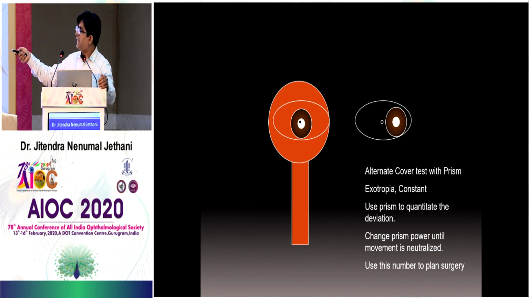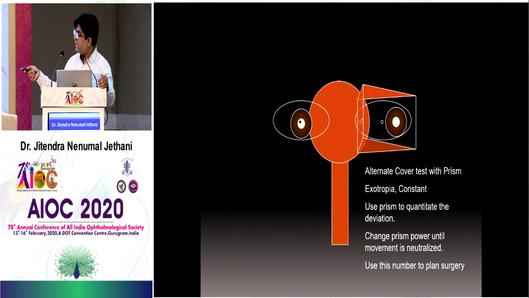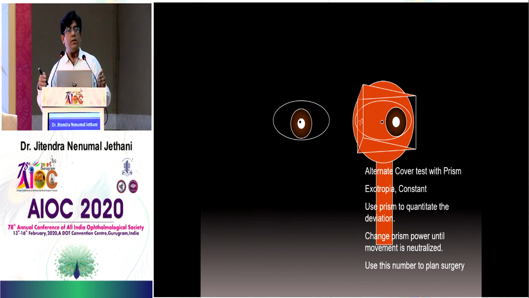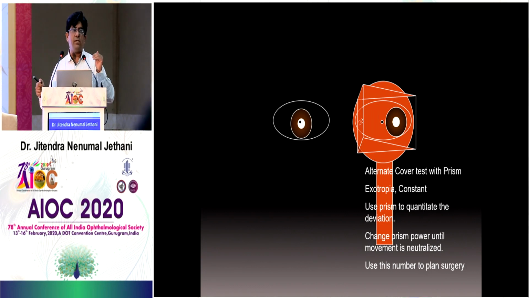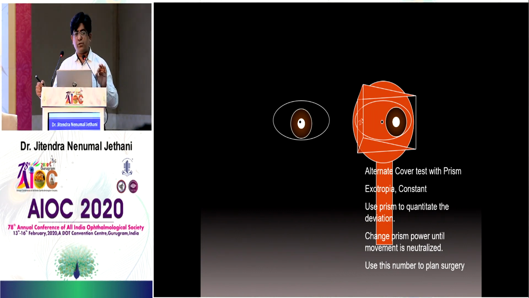This patient has exo. We have covered the fixing eye, and then we keep a prism in front of that particular eye, and we keep on doing the alternate cover test till there is no movement of redressal. So you keep on doing the alternate cover test and keep on increasing the amount of prism till you get a movement of reversal. First you will get the point of neutralization, and second you will get the point of reversal.